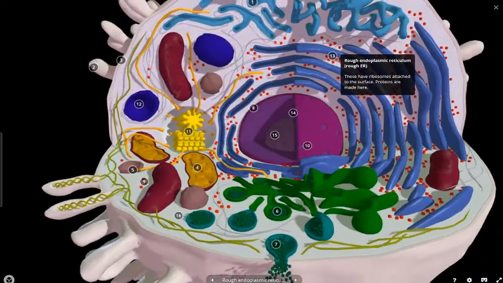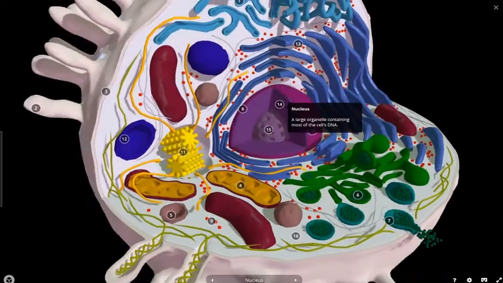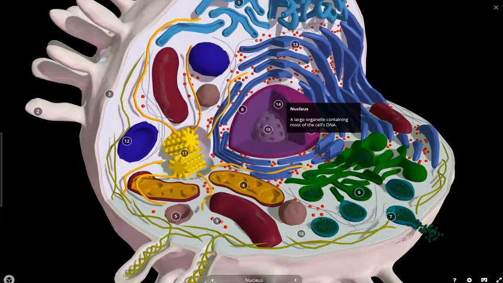So just like in the plant cell, animal cells have the rough endoplasmic reticulum, which we've already discussed, which have these orange ribosomes attached where the proteins are made. And of course the nucleus is where the majority of the DNA of the cell is found. There is also mitochondrial DNA, which we won't discuss in great detail, but most of the DNA, the information of the cell, is found in the nucleus.